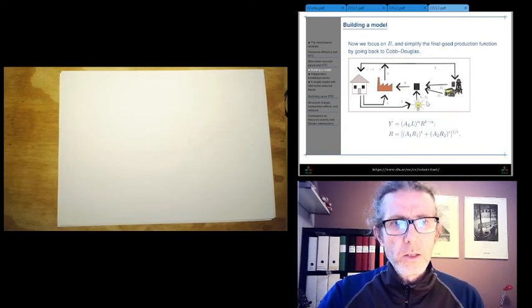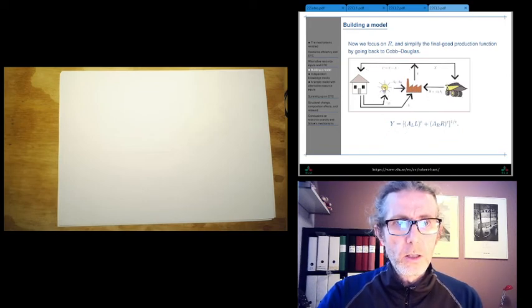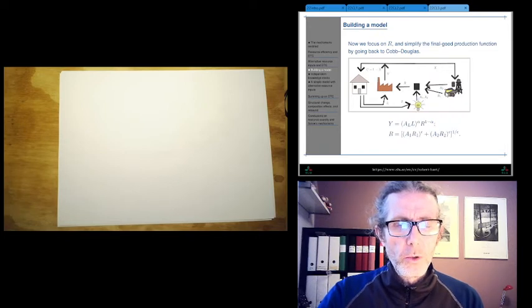So now suddenly we've got an oil sector and a coal sector according to this picture, and we've got knowledge about using coal and using oil to make energy, which is then an input into final good, just like before, R and L. But now we've got alternative inputs into the energy sector.